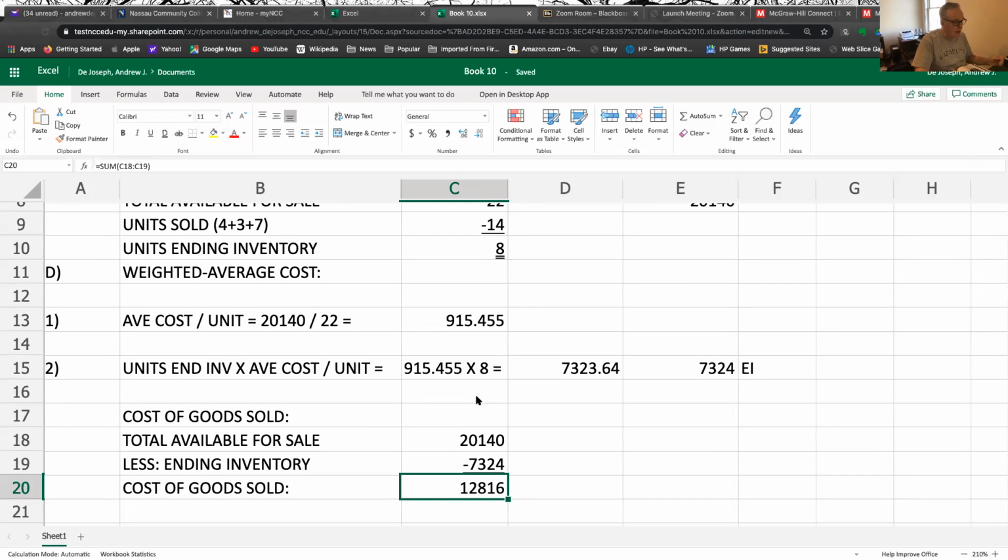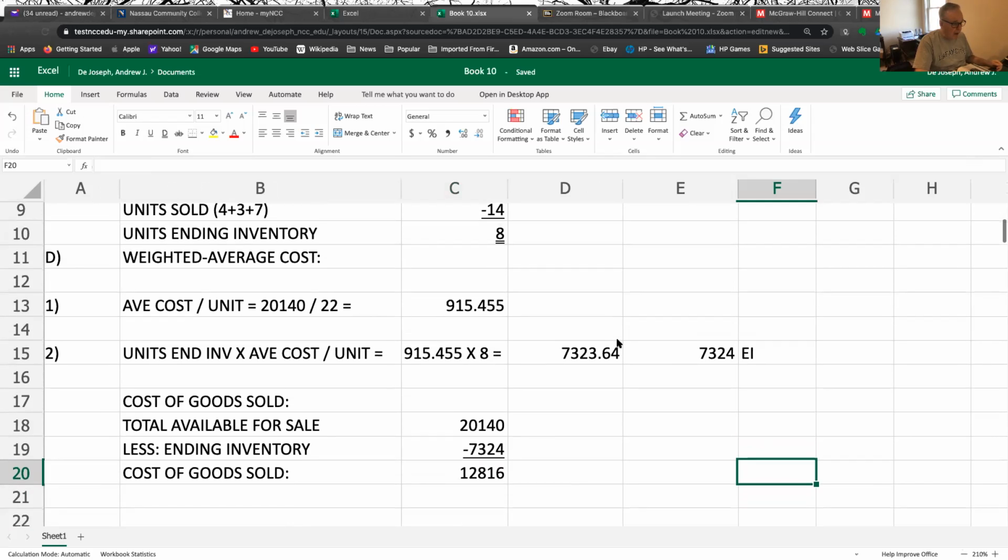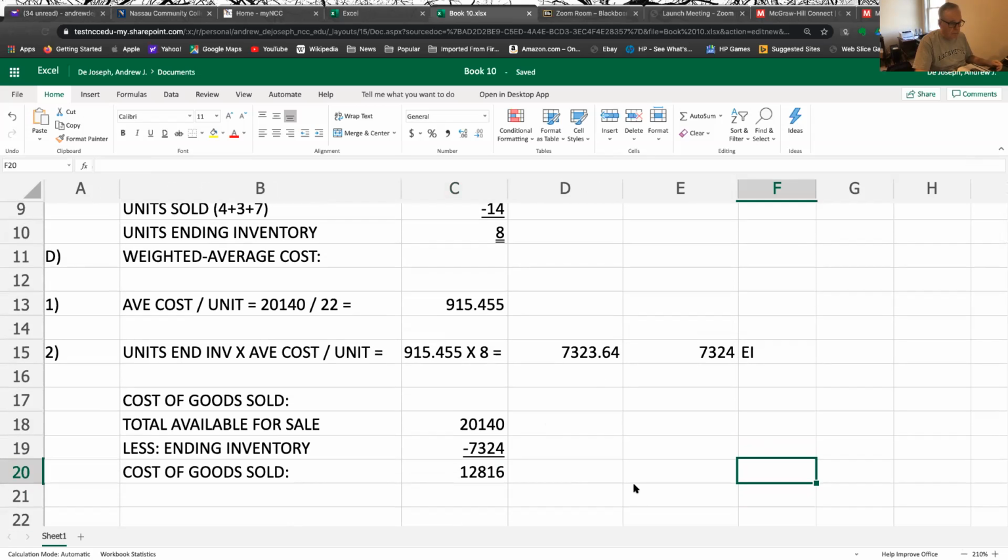Under average cost, I have to first figure out the average cost of 1 unit, which came out to this 915.455. If I multiply that by 8 units, I get this 7324, right? And then to get cost of goods sold, I take the total available number and subtract the ending inventory, right? COGS, cost of goods sold. So those are your 2 answers, right? You would put this in one box, and then you would put this number in the other box.